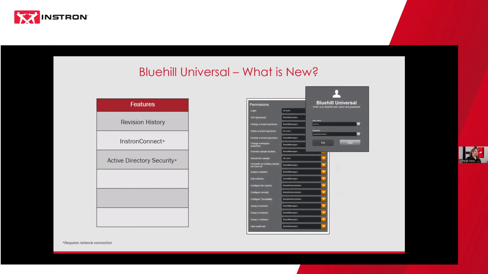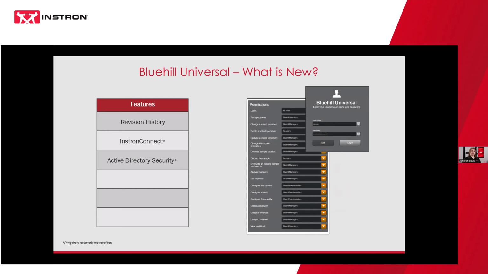Next, we have Active Directory security. So maybe you're using basic Bluehill security within your software, which is where you set up a profile within Bluehill, and people log in using a password, and depending on what kind of permissions they have, they can either edit methods or they can only run tests.